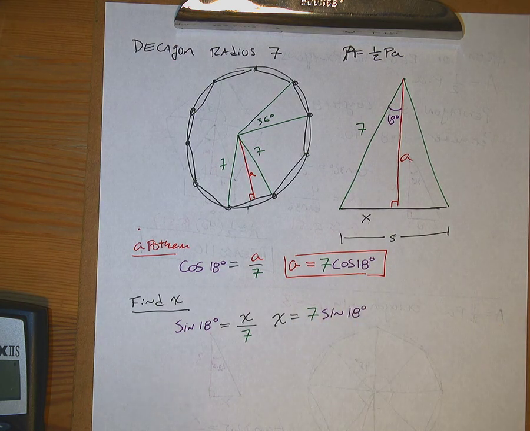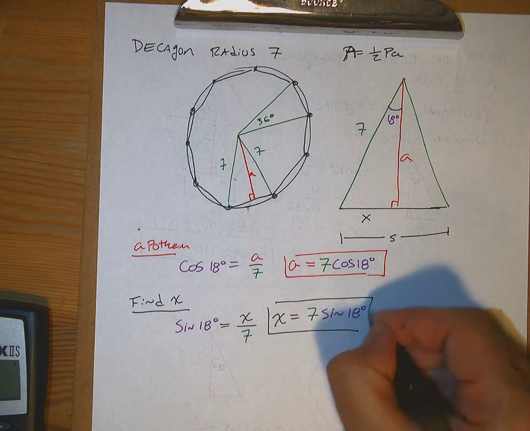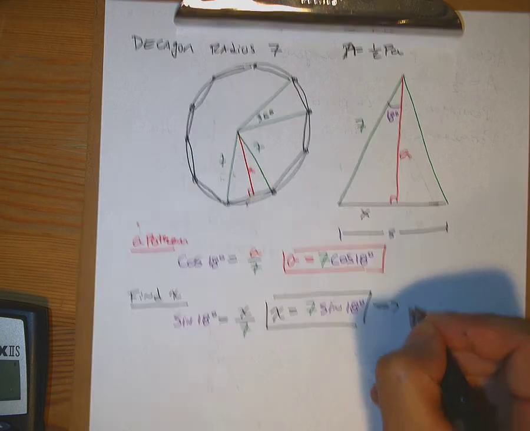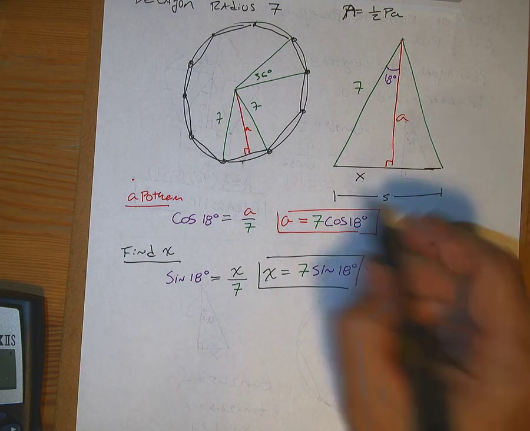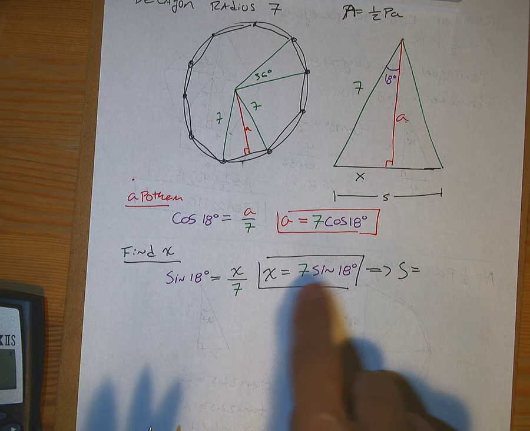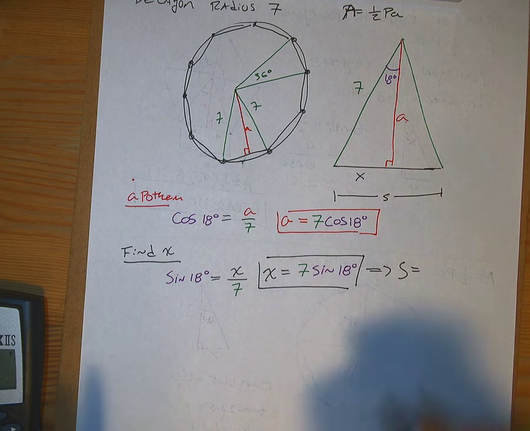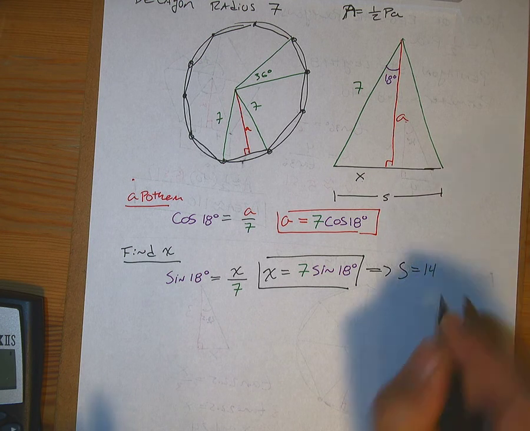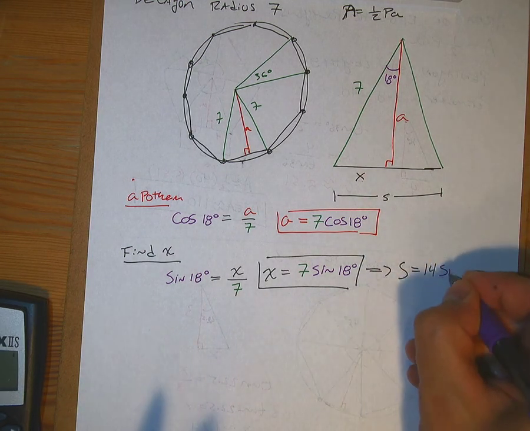And then that actually tells me, put a box around that, that actually tells me what s is, the full side length. That the side length is equal to twice that amount. So I'm just going to multiply this all by 2, and that's going to give me 14 instead of 7. So 14 times the sine of 18 degrees.